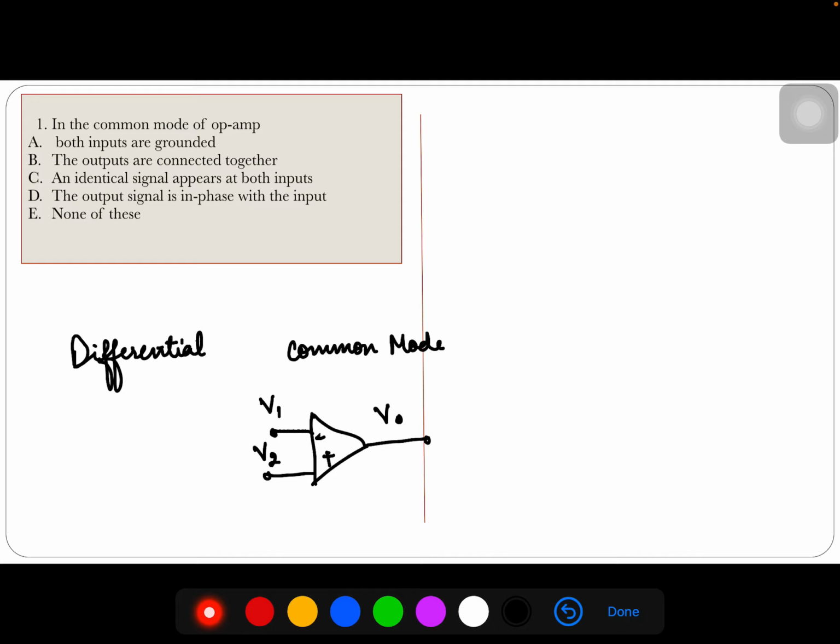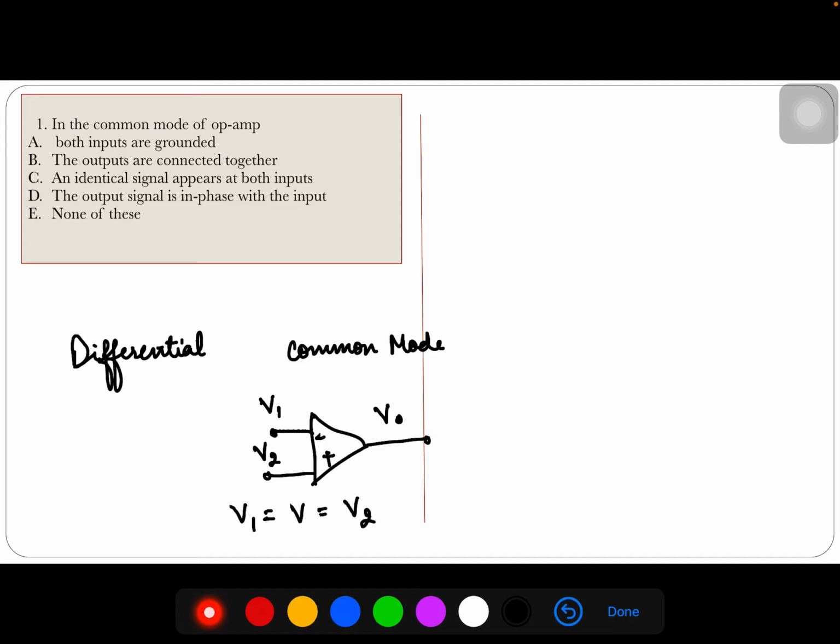When common mode is referred to, the word common itself implies a signal which is the same or identical both in magnitude and phase. That means if V1 is equal to V, then V2 will also be exactly equal to V. That is called common mode.